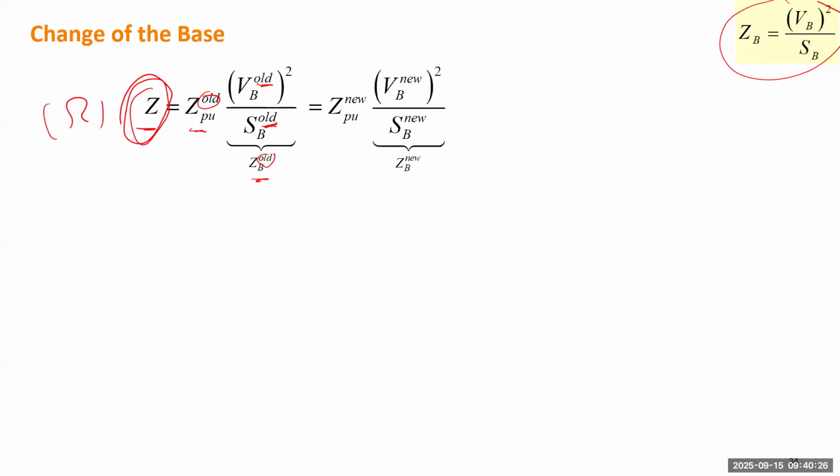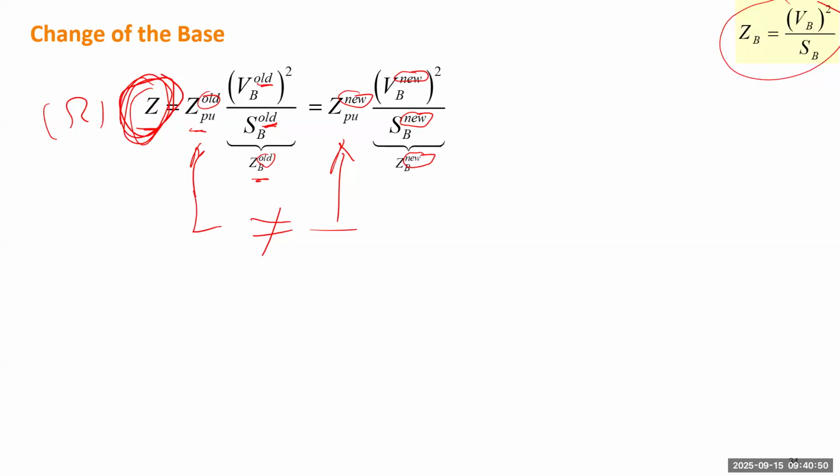You can also calculate the per unit value based on a different power base and different voltage base. That gives you a different impedance base and a different per unit value. So those two can be different, but the actual value has to be the same. That doesn't change.